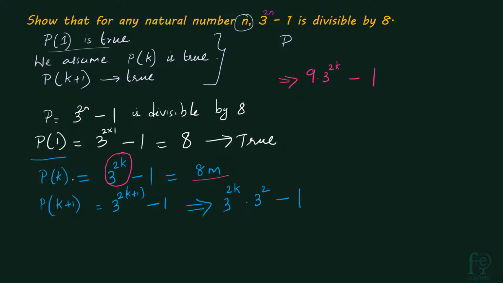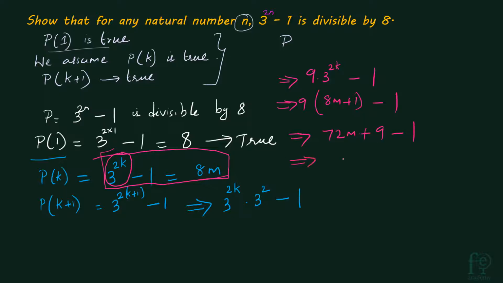Okay, so we assume that P of k is true, which will be giving you 3 raised to 2k minus 1 is equal to 8m. So from there you will be getting 9 into 8m plus 1 minus 1, which will be giving you 72m plus 9 minus 1, which will be equal to 72m plus 8.